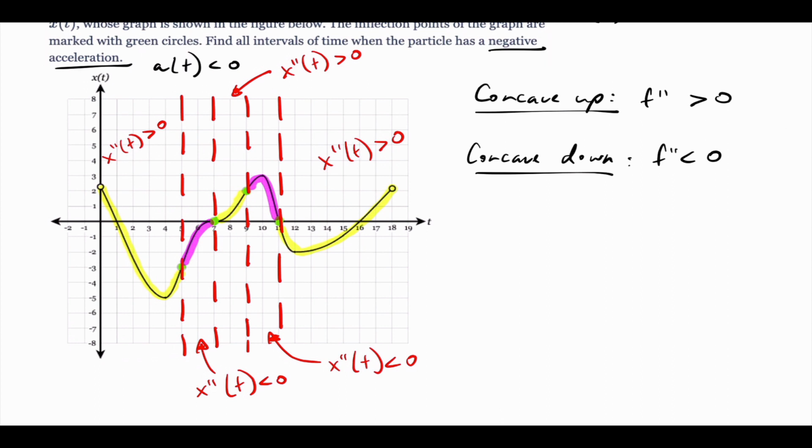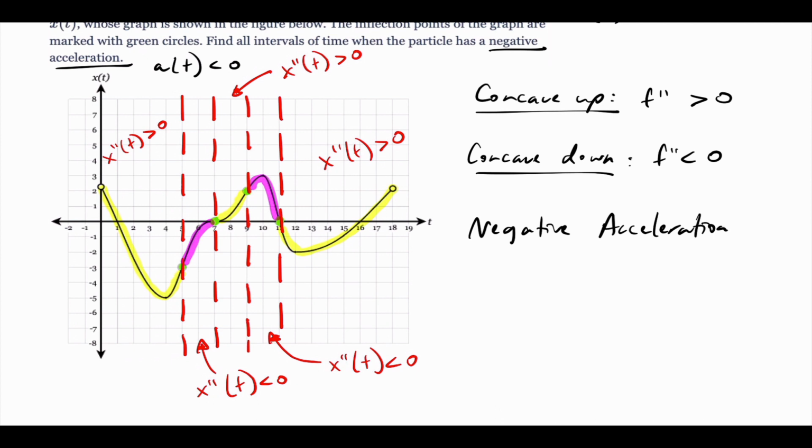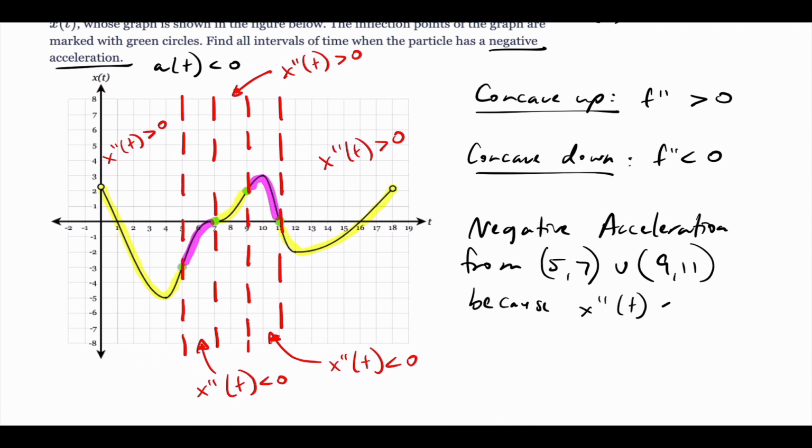So you say negative acceleration from 5 to 7 or 9 to 11, because the second derivative of the graph is negative.